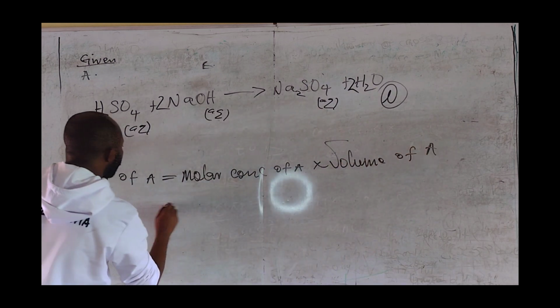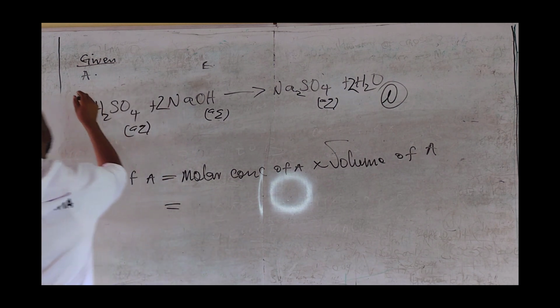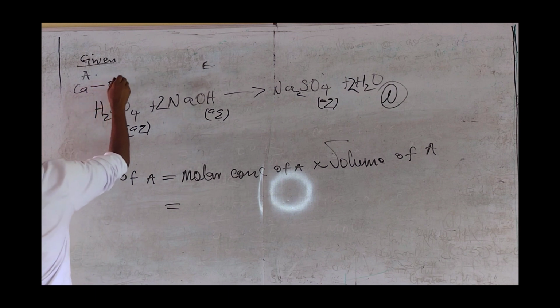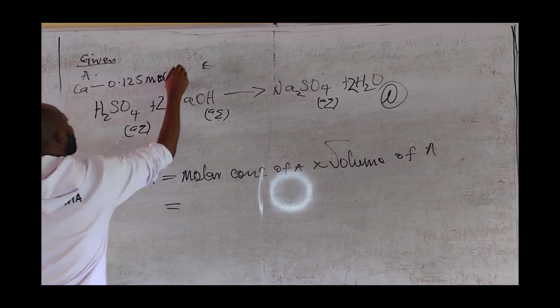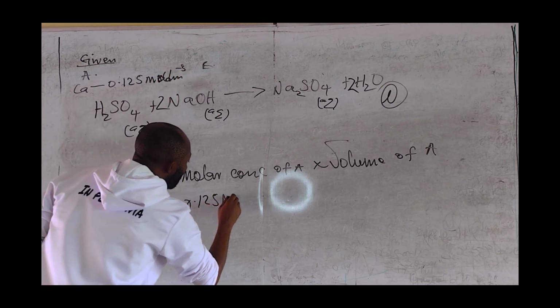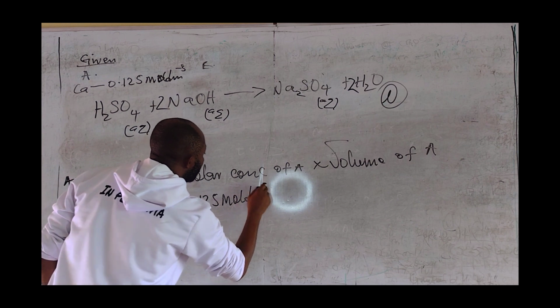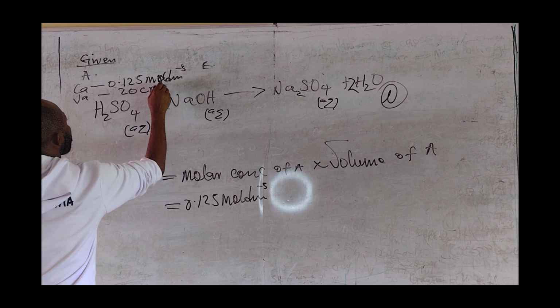Now the molar concentration of A, they gave it to us to be 0.125 mole per dm cube. And the volume of the acid is given to be 20 cm cube.